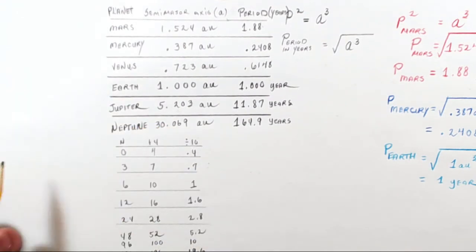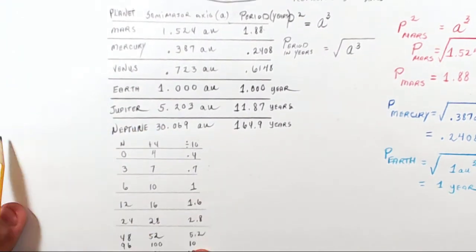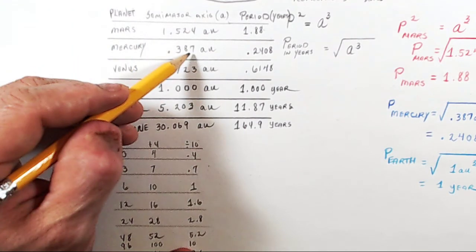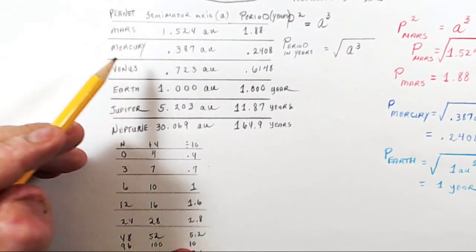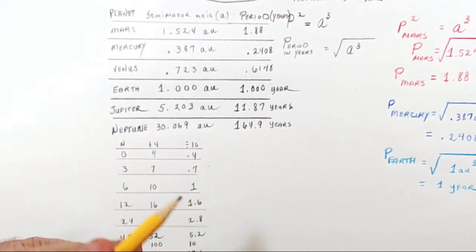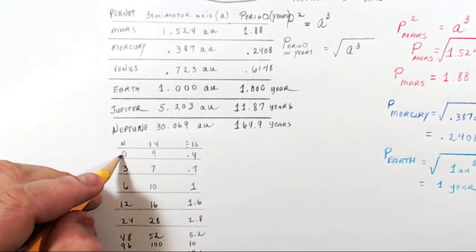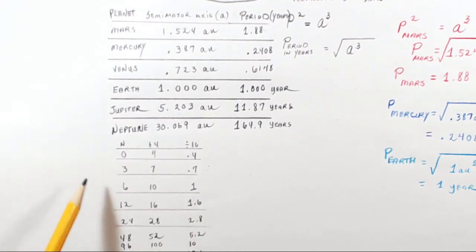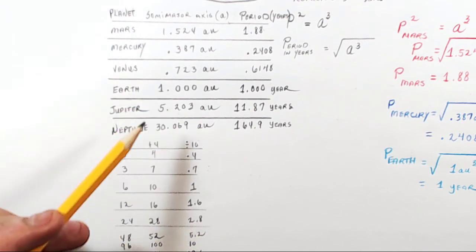What's going on here? Well, if I look at the semi-major axis for Mercury, it's close to 0.4. If I look at the semi-major axis for Venus, it's close to 0.7. If I look at the semi-major axis for Earth, it's 1.